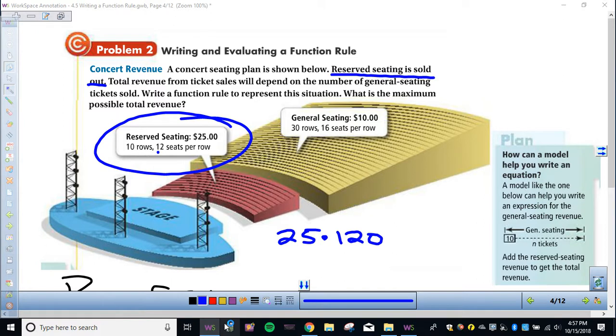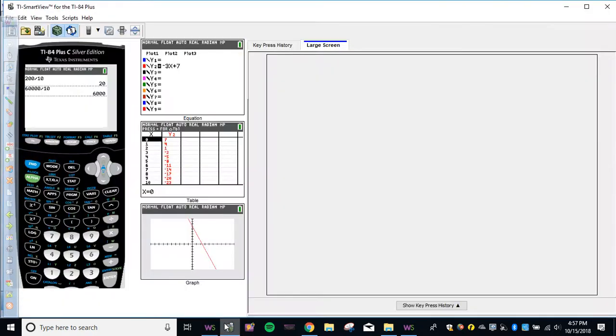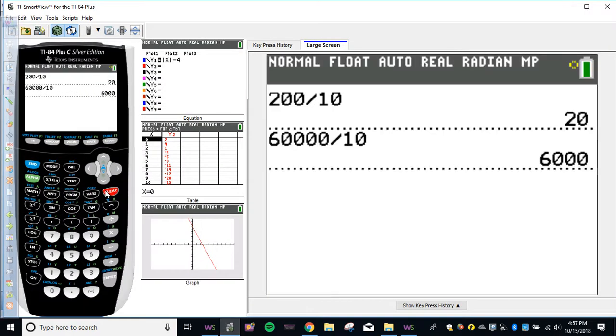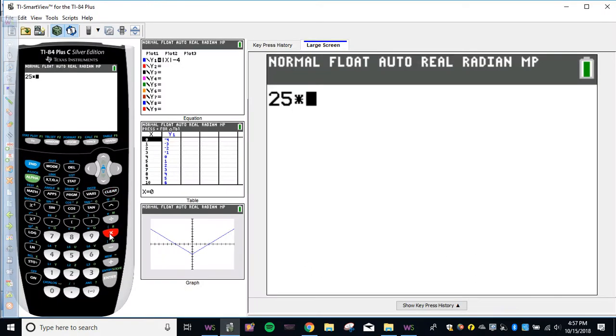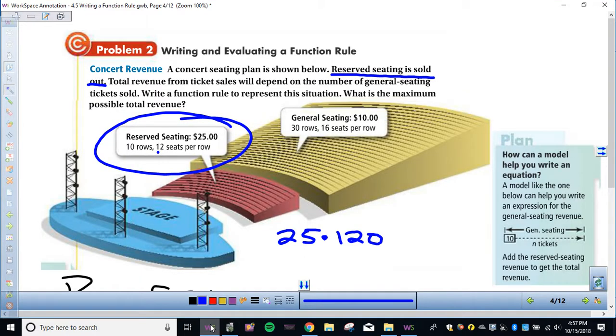Let me bring up the graphing calculator. So we're going to multiply 25 times 120, and we get $3,000. Because the reserved seating is sold out, $3,000 represents the income they've made thus far.